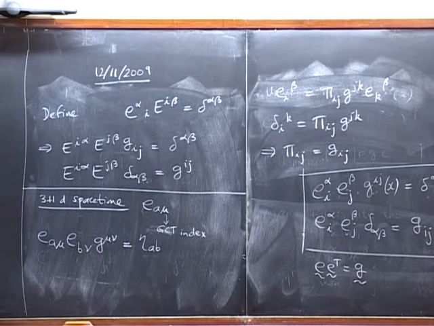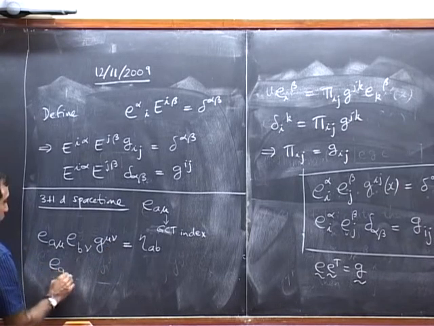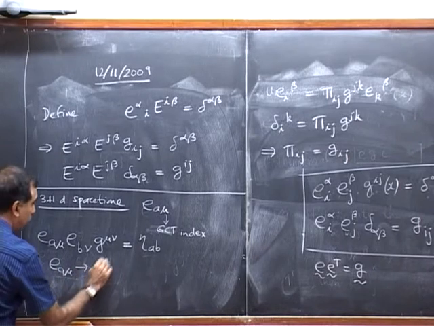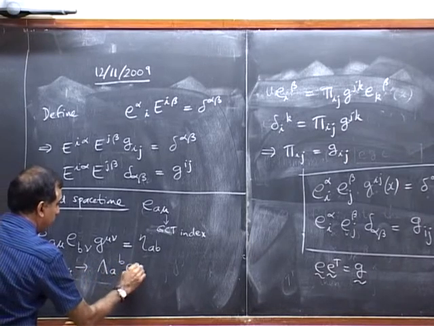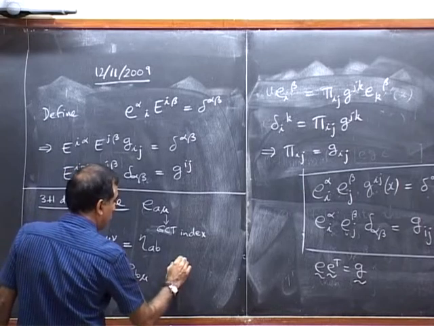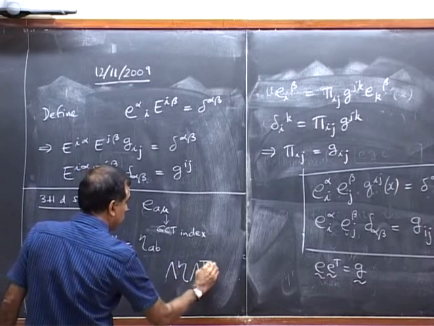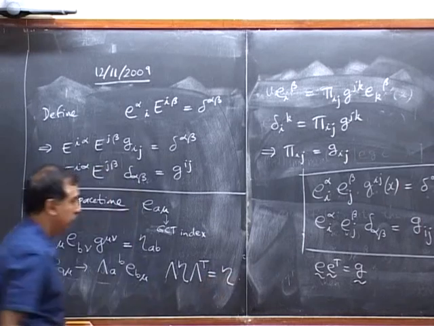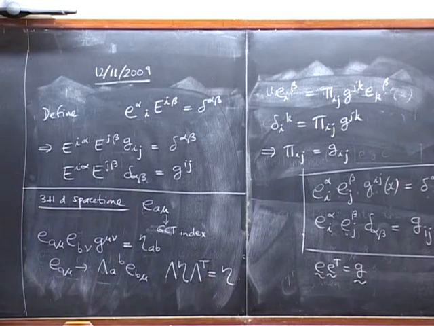Good. Now this relation is invariant if I send E^A_mu to Lambda^A_B E^B_mu, where Lambda eta Lambda transpose equals eta as a matrix. This is called the Lorentz transformation.